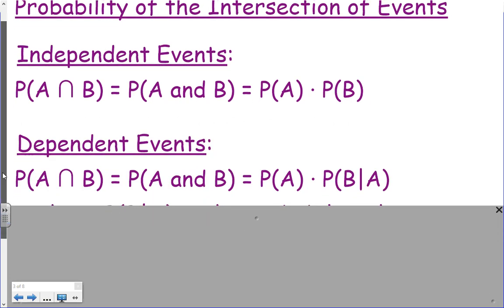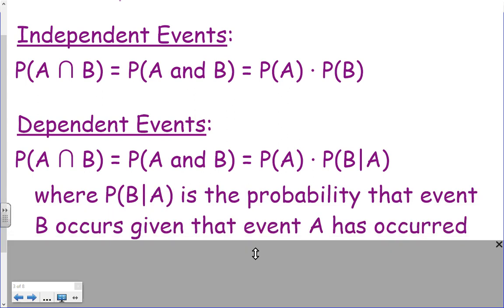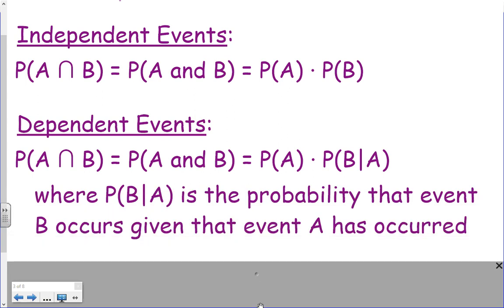The other half of the story then is, what if they are dependent events? If they're dependent events, the probability of event A and event B occurring, or the probability of A intersect B, is calculated by taking the probability of event A occurring times the probability of event B occurring, given that event A has already occurred.